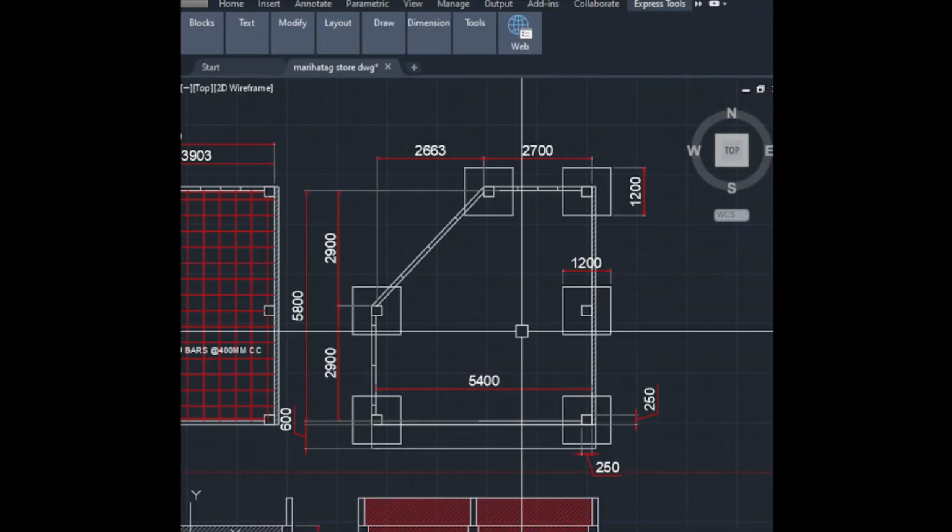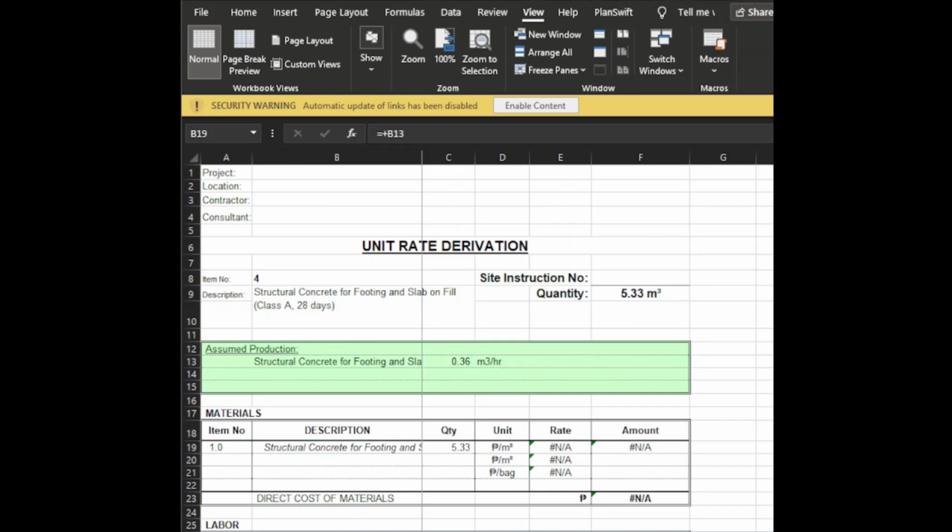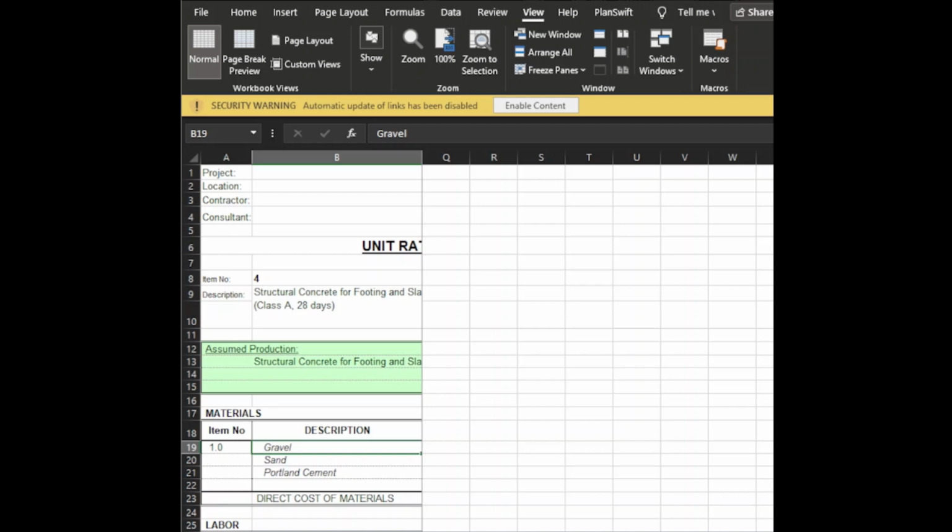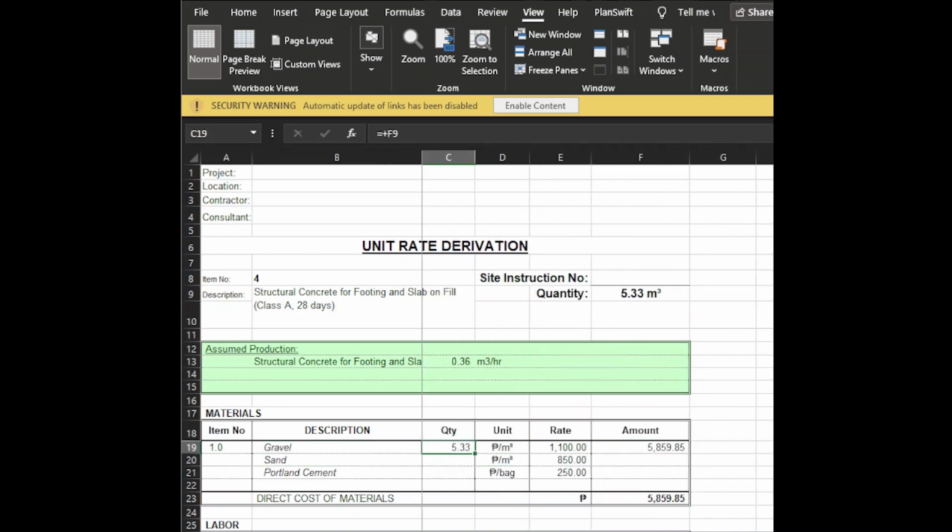For materials we have gravel, sand, and Portland cement. And for our quantity, whatever the quantity of our concrete, we will just multiply it by 1. So this sand is 0.5 plus 0.5 times the quantity, then the number of bags is 9.1 times the quantity.